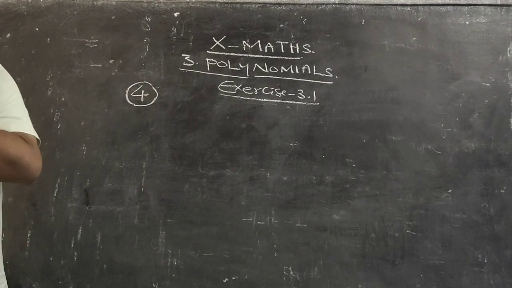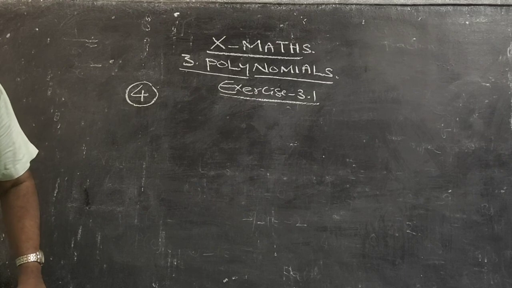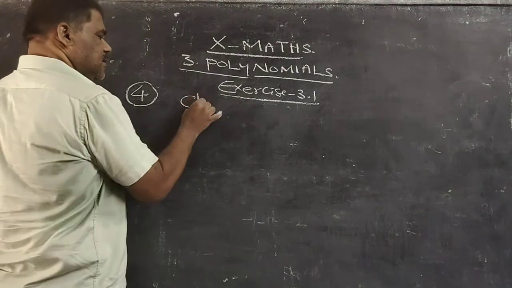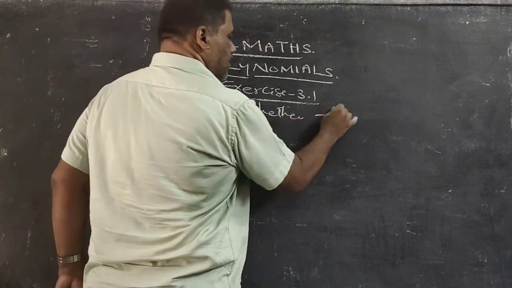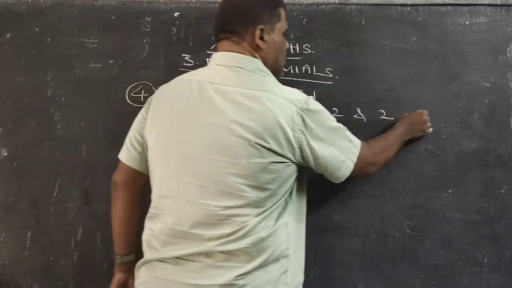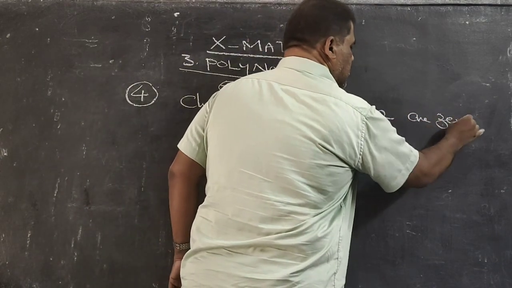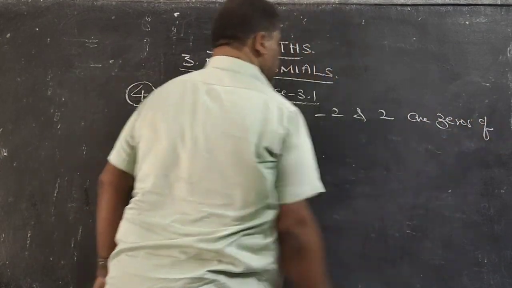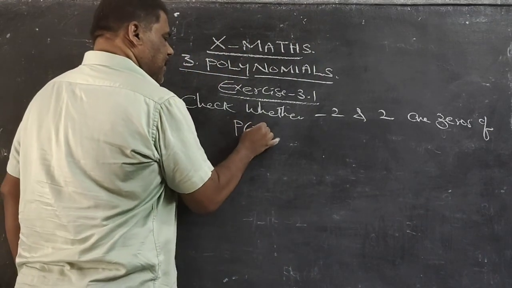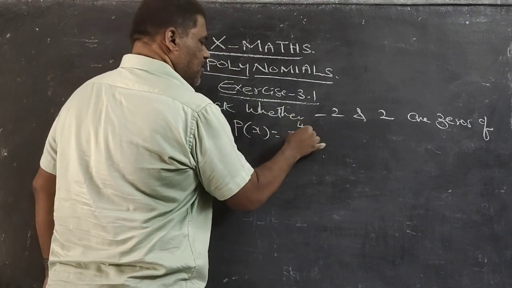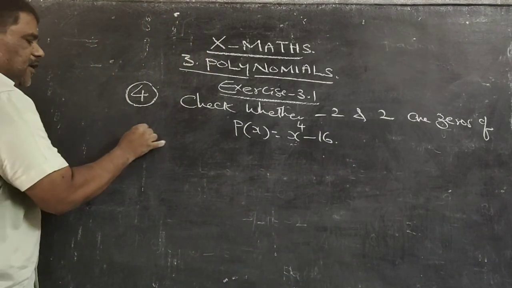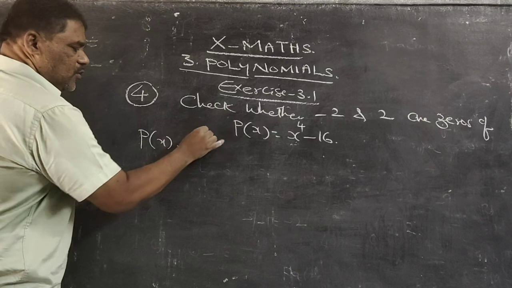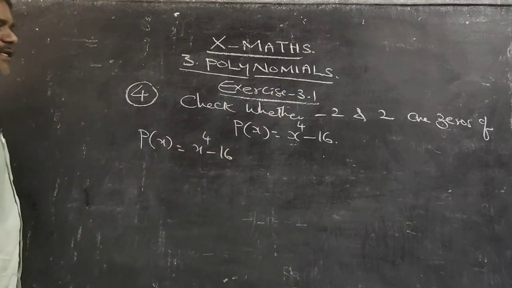Check whether minus 2 and plus 2 are the zeros of the polynomial p of x is equal to x to the power 4 minus 16.